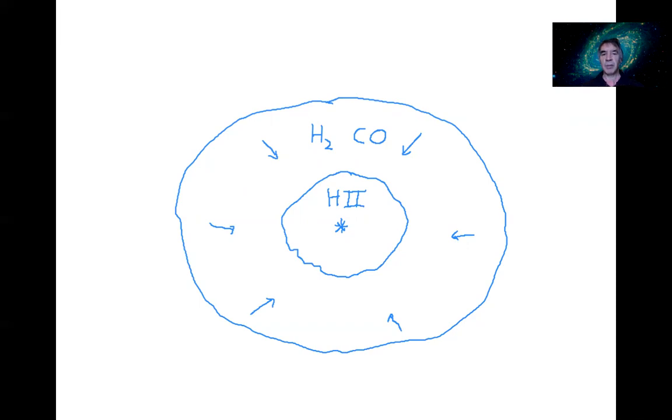Recall that molecules are dissociated by ultraviolet radiation. So until the dust blocks out that ultraviolet radiation from the rest of the galaxy, the molecules can't actually form. So molecular clouds and dust kind of go hand in hand, and that helps to cool them down.